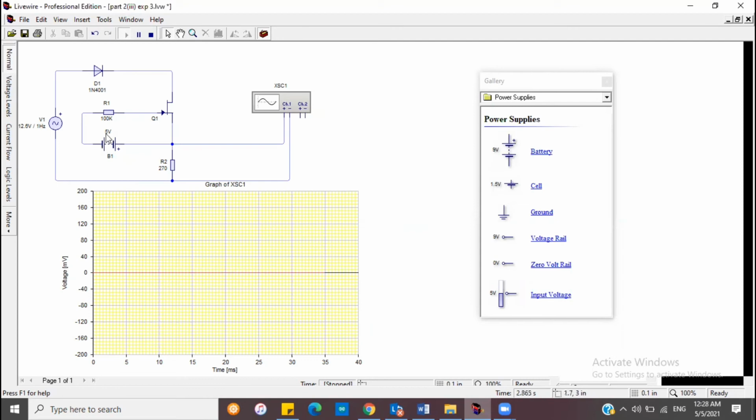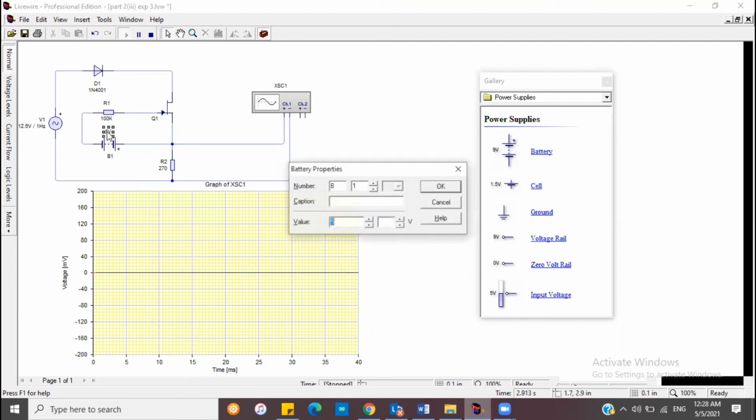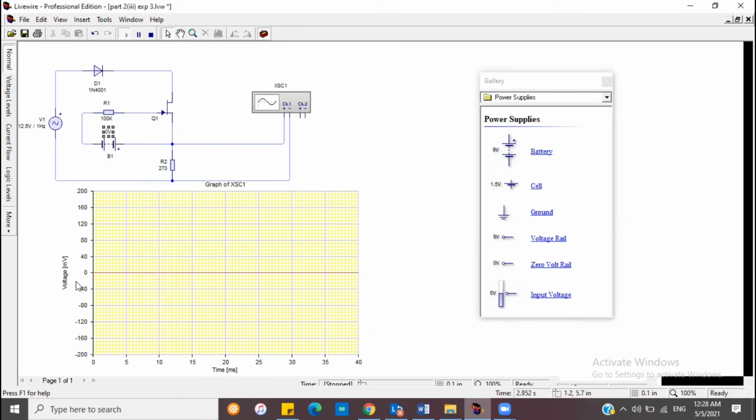First of all, I'm going to turn this power supply to 0. As you can see, there is a 0 reading here. The trace becomes a horizontal line.